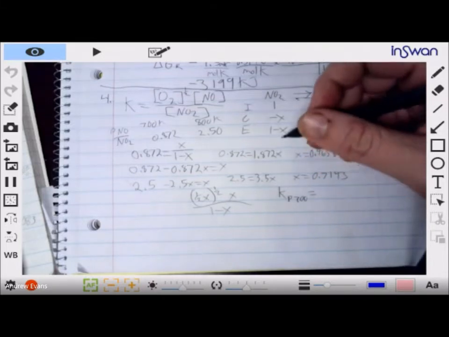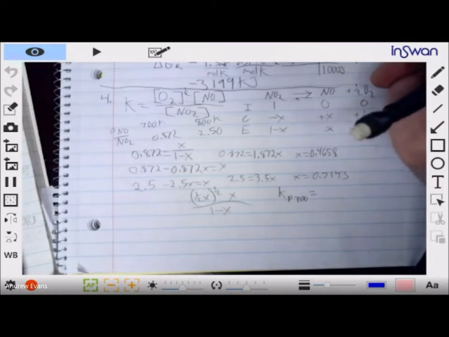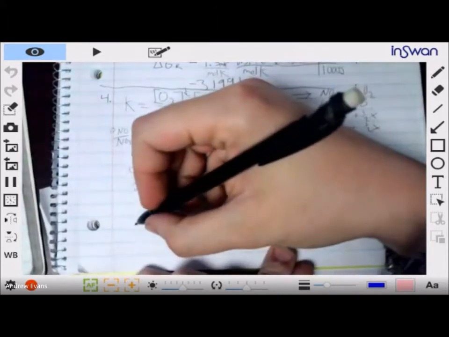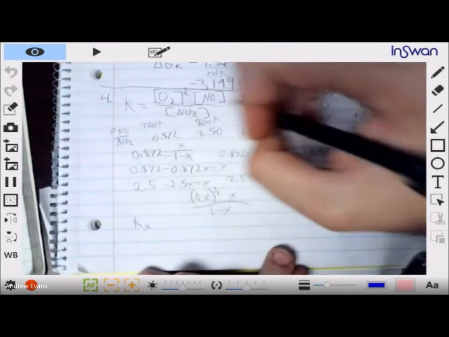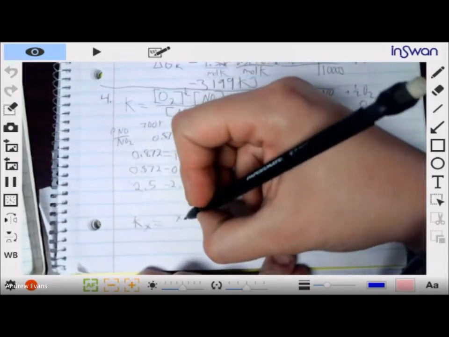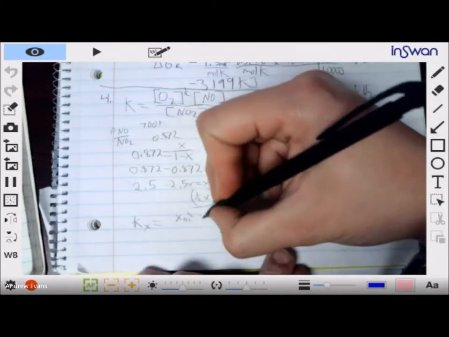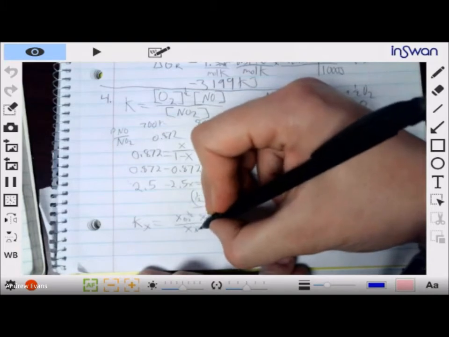can only do a mole fraction, K sub x. But to get mole fraction into K sub p, we're going to need to take one more step. So what we're actually calculating here is K sub chi. K sub chi is going to be our chi of O2 to the 1/2, times chi of NO over chi of NO2.